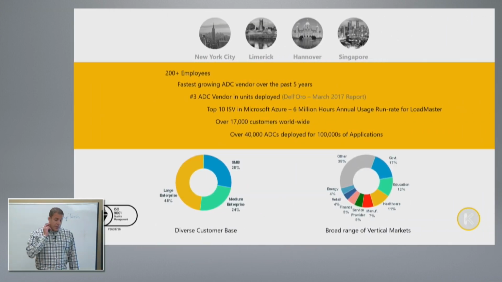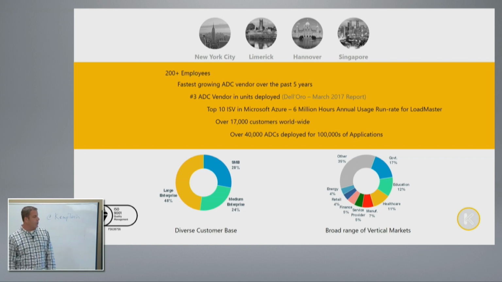So a quick overview around KEMP. Like I said, we do application delivery and all that encompasses, right? We do high availability, load balancing, optimization, security, scalability, and control over customers' application delivery environment. We're over 200 employees. We're headquartered in New York City. We have offices in Limerick, Hanover, and Singapore.